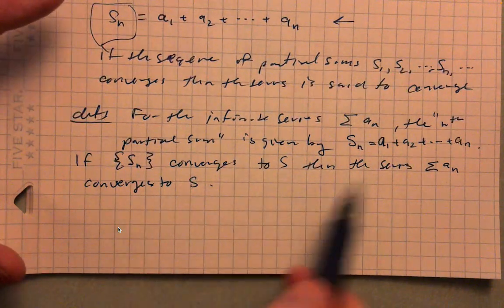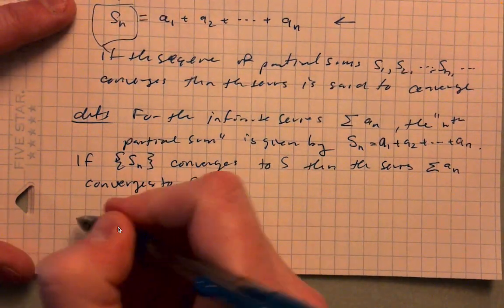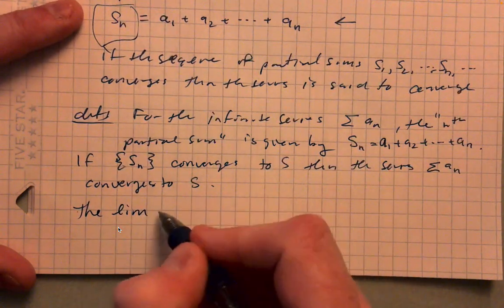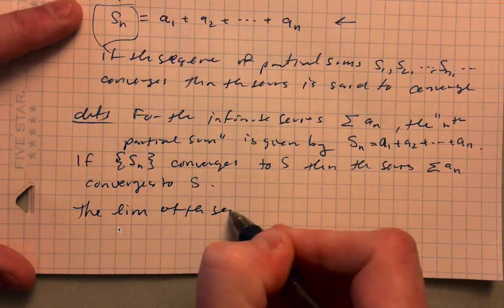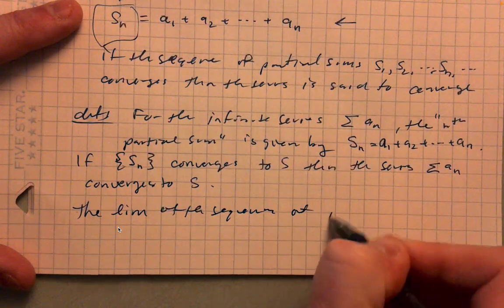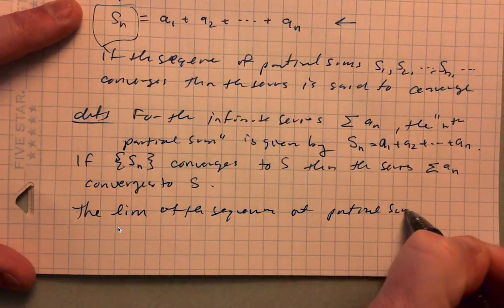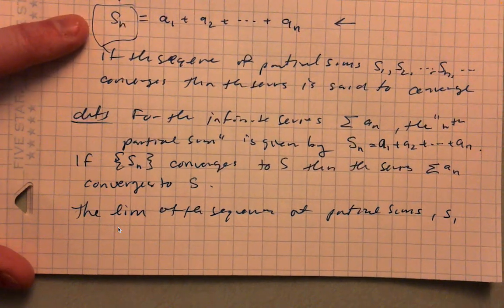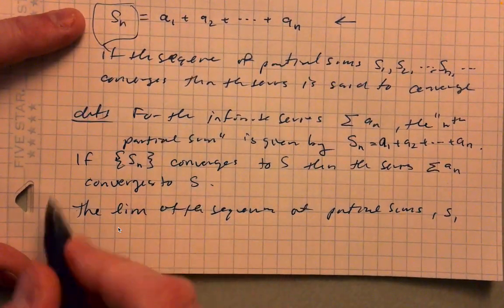Okay, now the terminology here is important. The limit here of the sequence of partial sums, right, we've denoted as S. The limit is called the sum of the series.